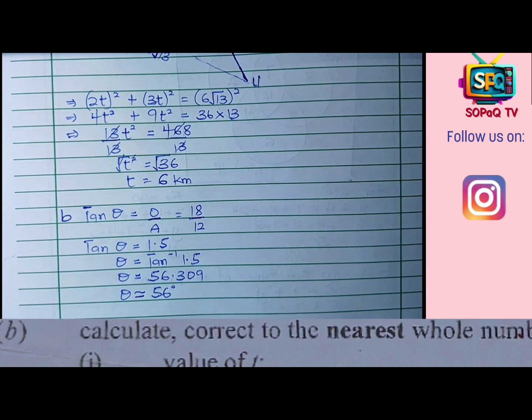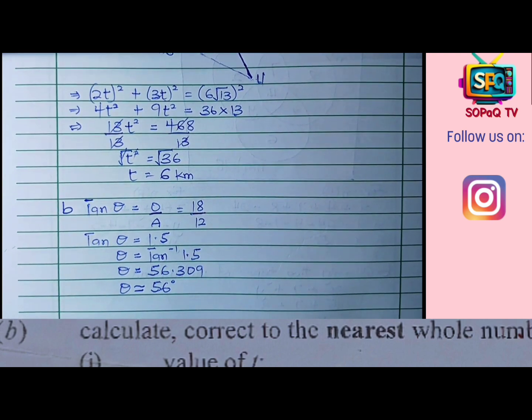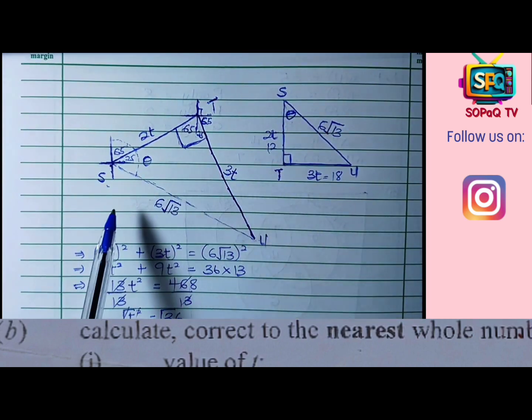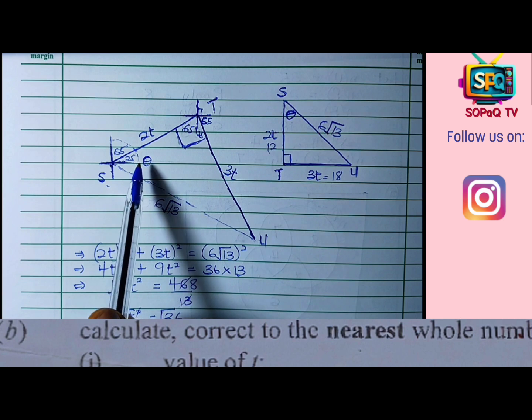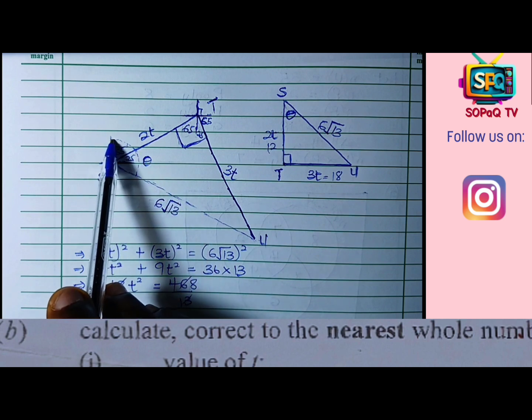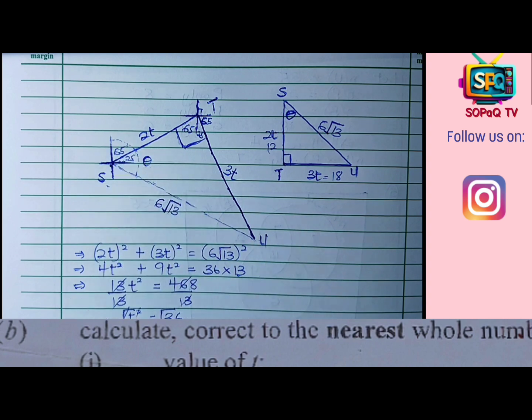When we get theta, we are not done yet. The question says we are to look for the bearing of U from S, and we need to include the 65 since bearing is read from the north through the clockwise direction. So 65 will be added to the theta.